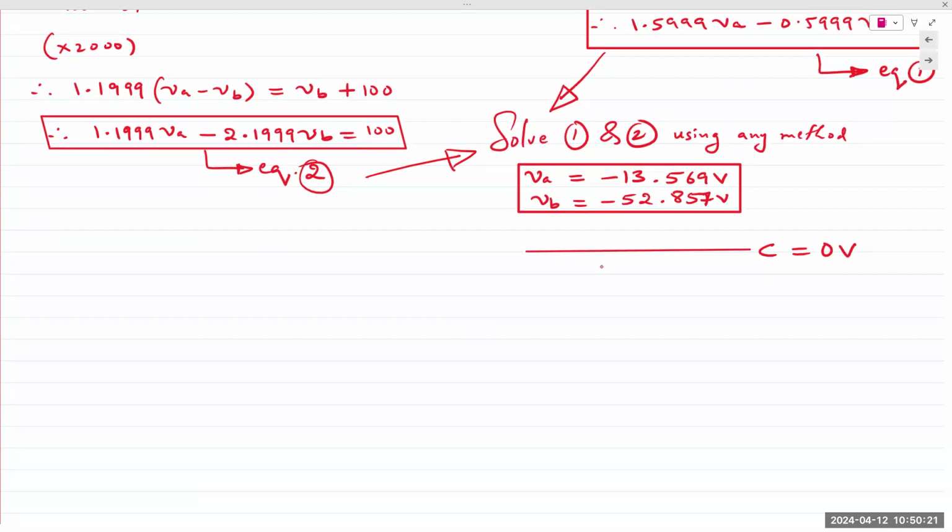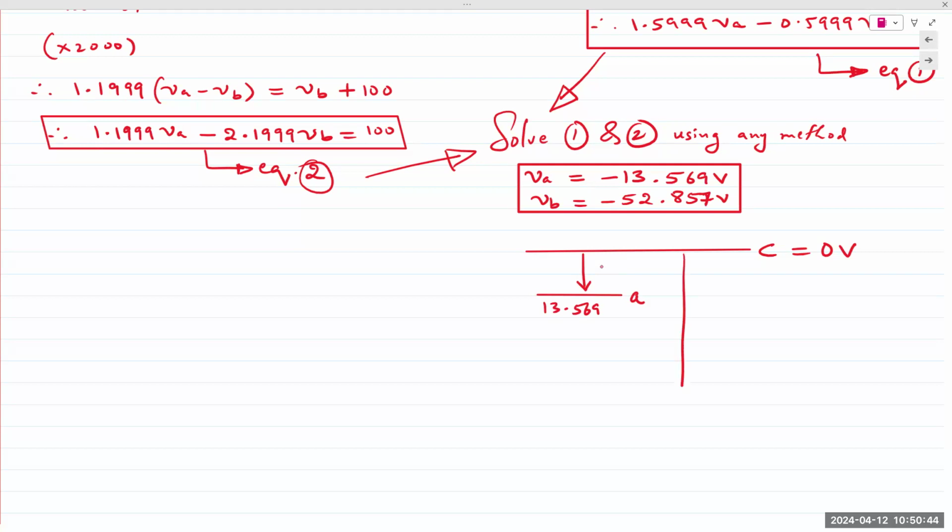Where is A? I just told you they're underwater. So it's right here. It's 13 volts below C, right? And B is 52 volts below C.